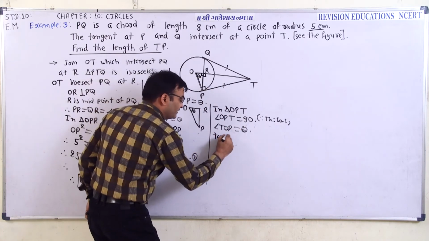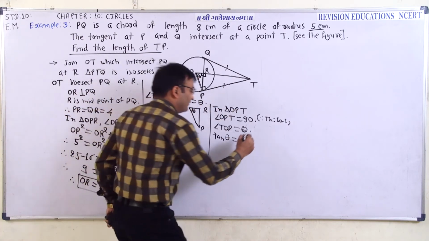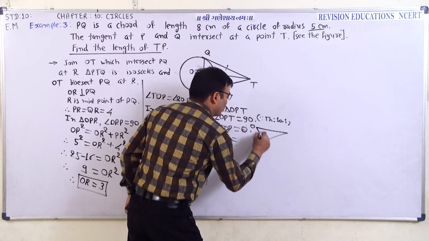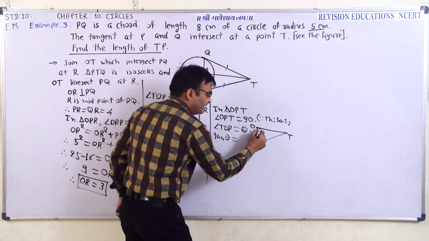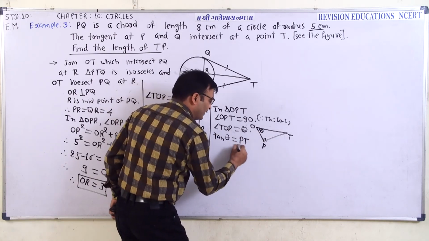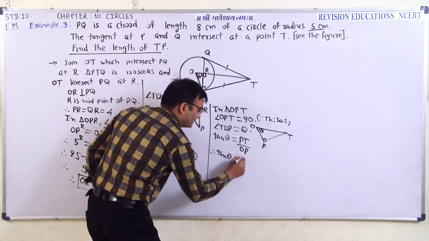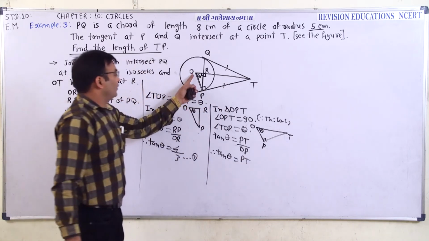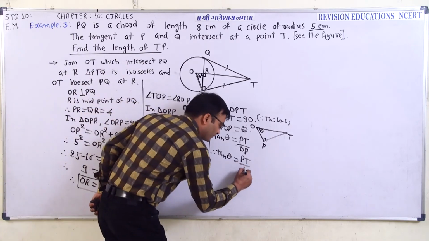We write here tan theta. The opposite of tan theta in this triangle OPT, which has the 90 degree angle, is PT and its adjacent side is OP. Tan theta keep as it is. OP is the radius of the circle. Its value is given as 5. So we write here 5.